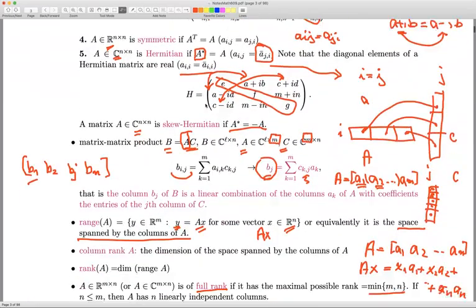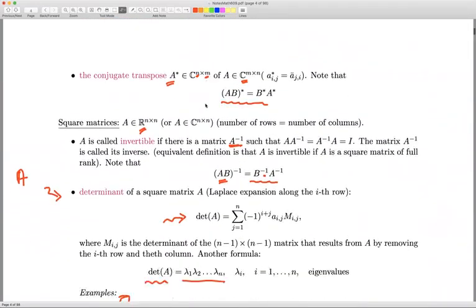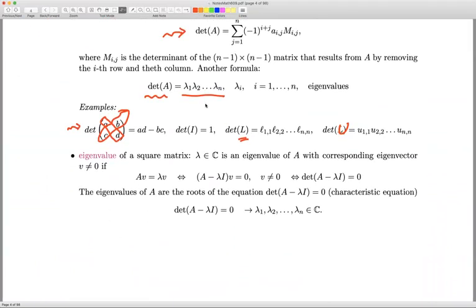Another set of numbers that we associate with a matrix are the so-called eigenvalues of a matrix. If we have a square matrix of dimension n times n, then we associate with it n complex numbers, where n is the dimension of the matrix, and these are the eigenvalues of this matrix.